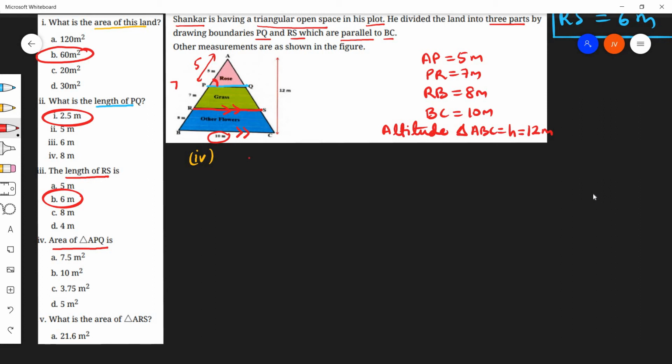Here, since we have to find the area of APQ, triangle APQ is similar to triangle ABC. That we have already proved.